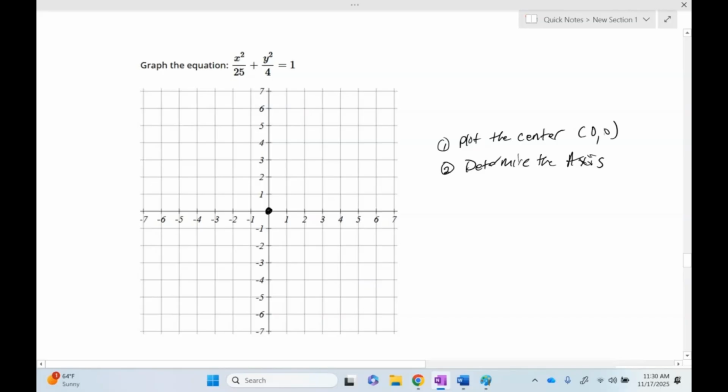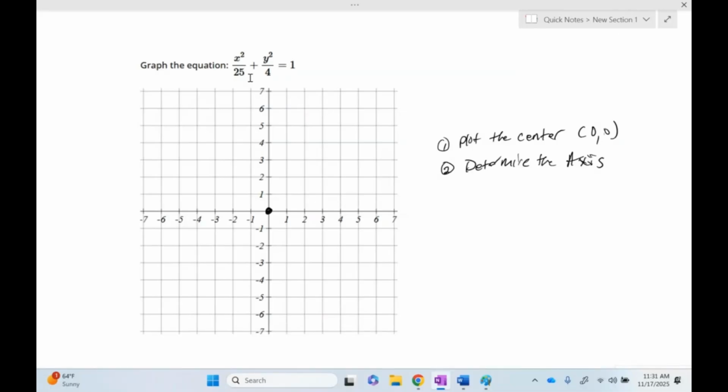In order to determine the axis, I'm just going to look for the largest denominator. The largest denominator is 25. 25 is underneath the x variable, so this is going to have a horizontal major axis.